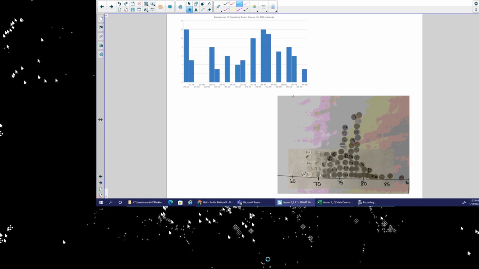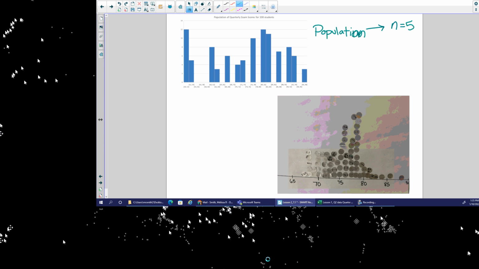What I had you do was, from that sample of 100 students, I had you take samples from the population. Here's the population up here. I had you pull samples of size 5, and you each did that multiple times.